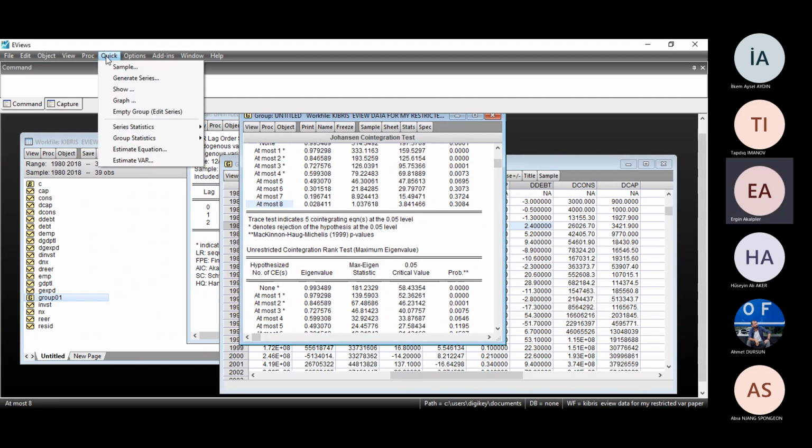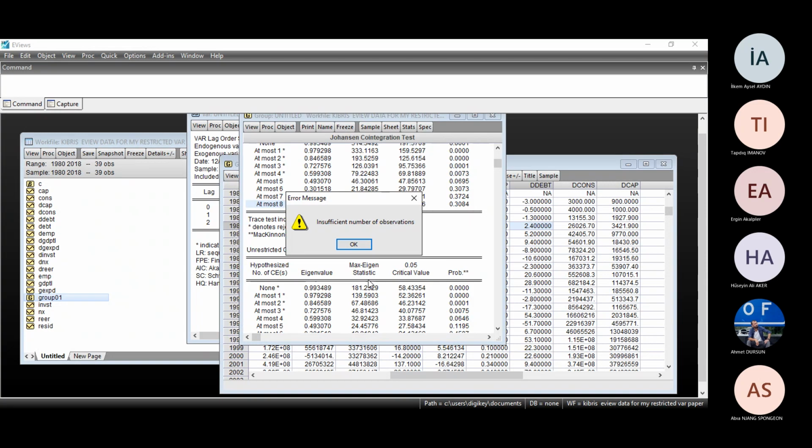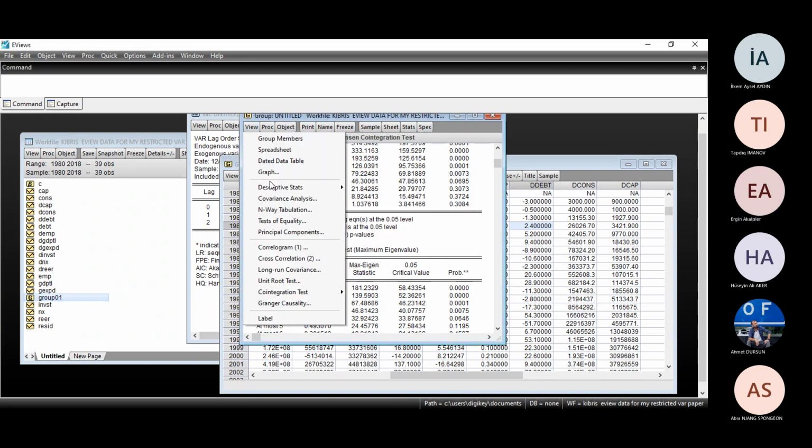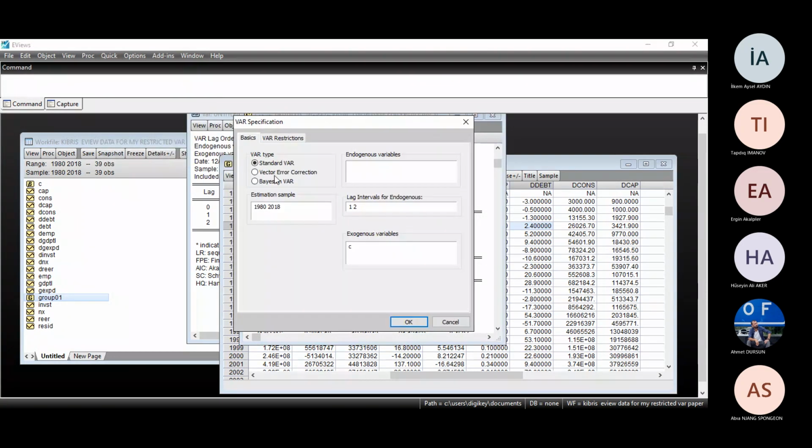Go to the Quick menu again. Choose the vector error correction. Okay. You have to look at the lag. The lag should be done.